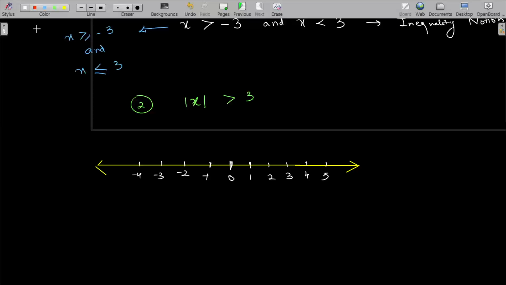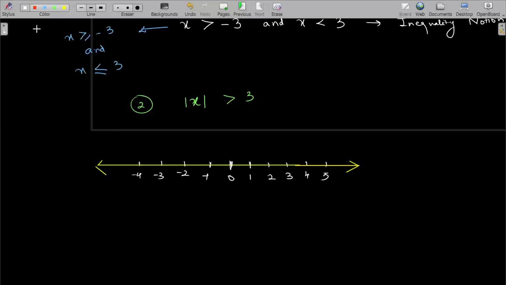Yes, Anishka? Is it going to be from 4 and on, and from -4 and on too? Yes, you are right.